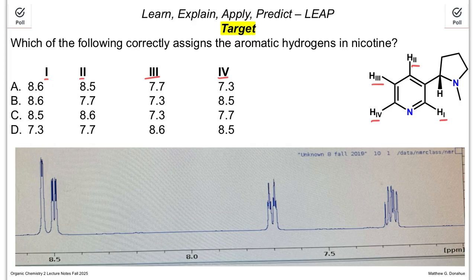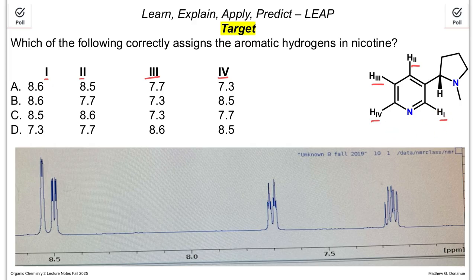I guess I see an issue with that. Let me just point something out. So there's 4 total, right? If you look at that nitrogen as where you're starting, you see 1 and 4 are right next door.